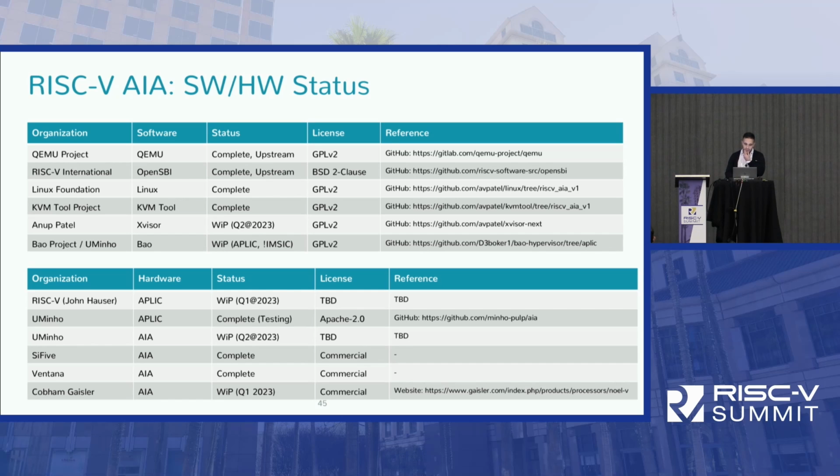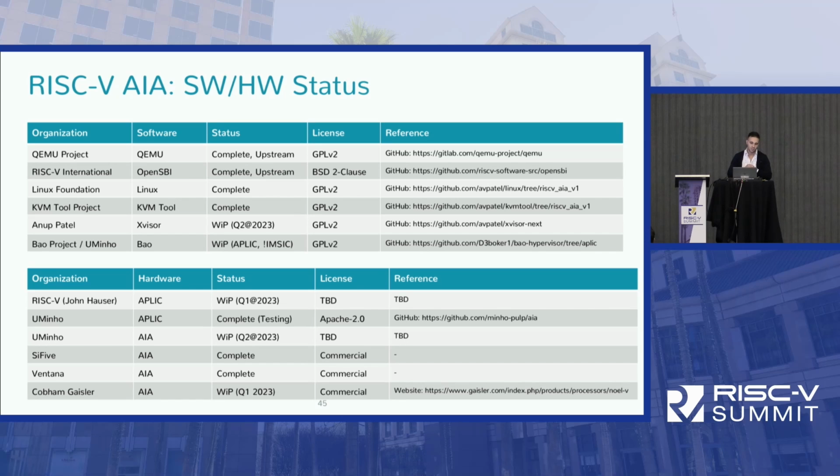In terms of hardware IP, if you read the spec, there is a note that says it is very likely that a SystemVerilog implementation of the APLIC, not the full AIA IP, will be provided under a very permissive license.